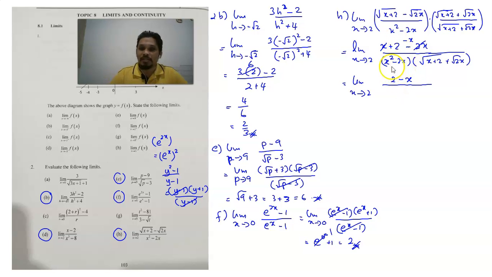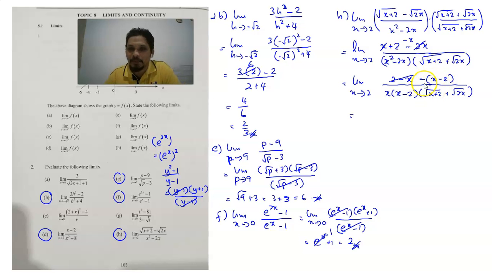And in the denominator we factorize x squared minus 2x as x times (x minus 2), times (square root of x plus 2 plus square root of 2x). We cannot simply cancel this 2 minus x with x minus 2. We need to do something with this: factorize it with negative of (x minus 2).